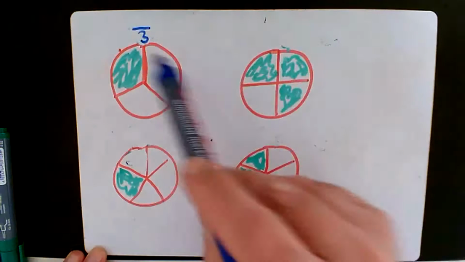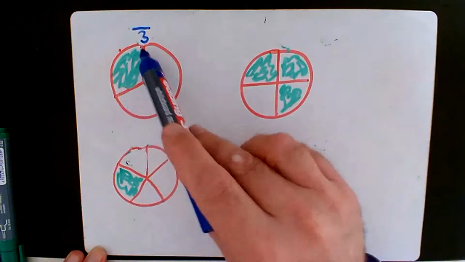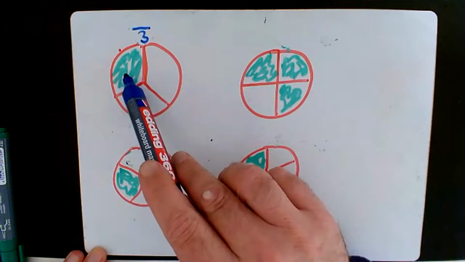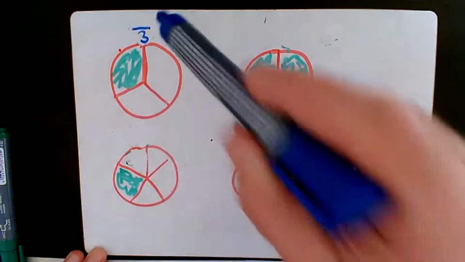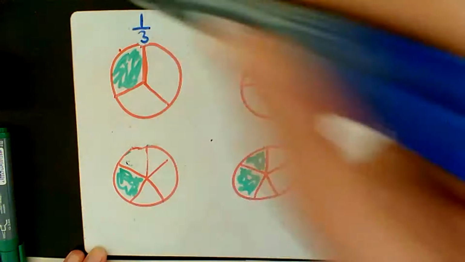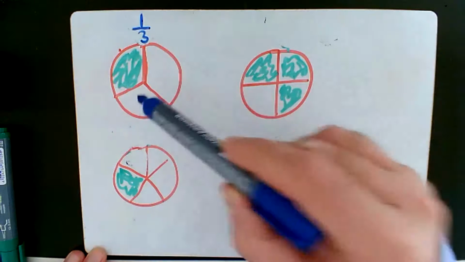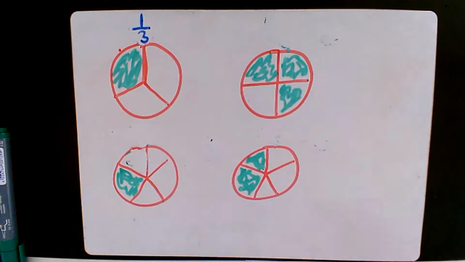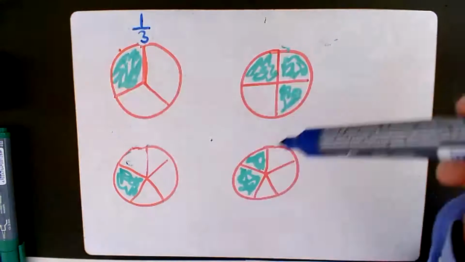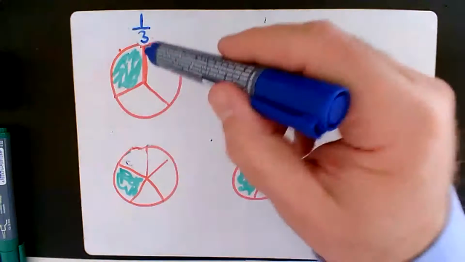The bottom number is the denominator, and then however many of those we eat. So if we eat just that one slice, we've eaten 1 out of 3, haven't we? That's 1 slice out of 3. And they're equal sizes. I've drawn these myself so they're not equal sizes, but they must be equal sizes.